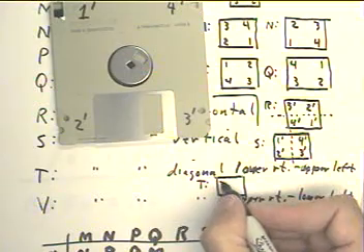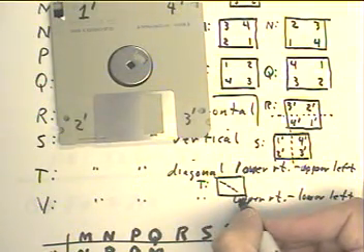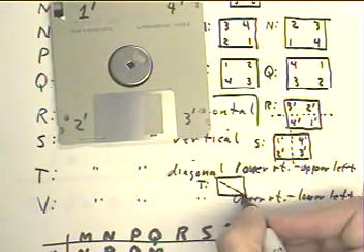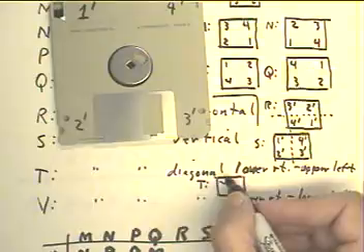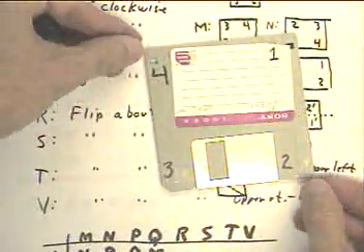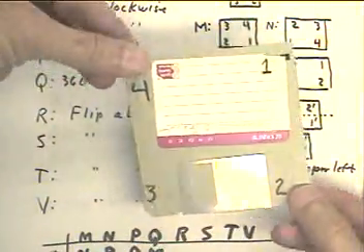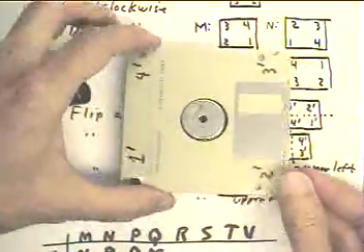And we'll describe T by going from the lower right to the upper left. If we do that rotation, we rotate about the axis from lower right to upper left, and we get this.